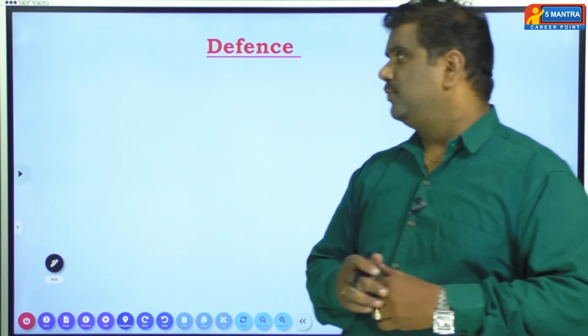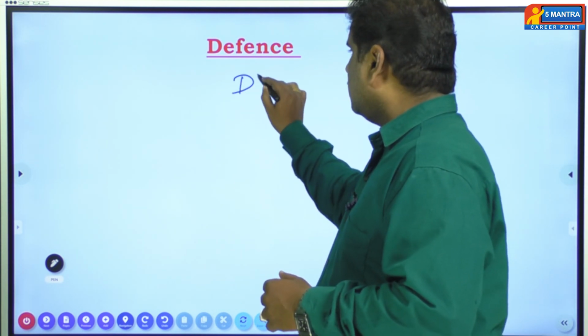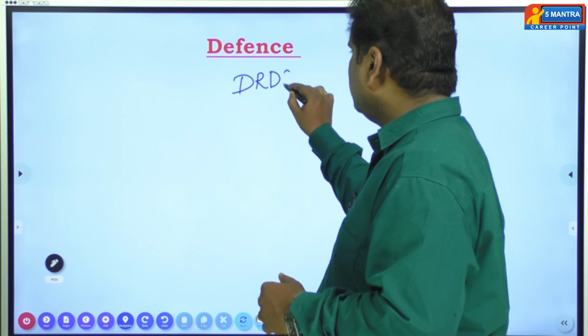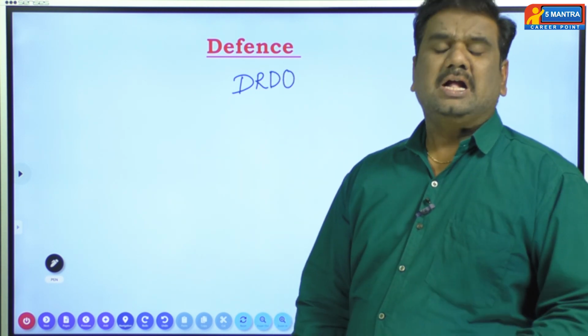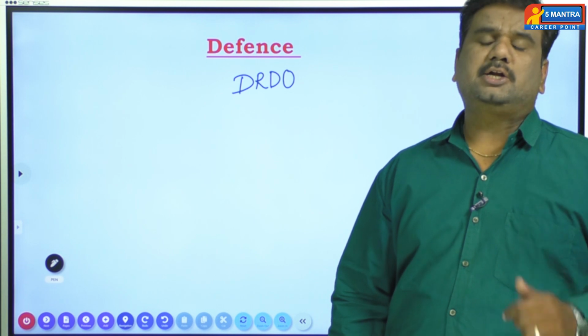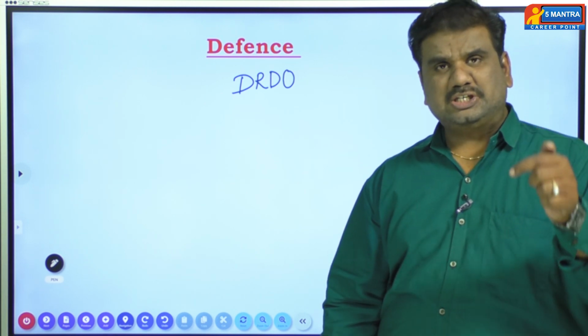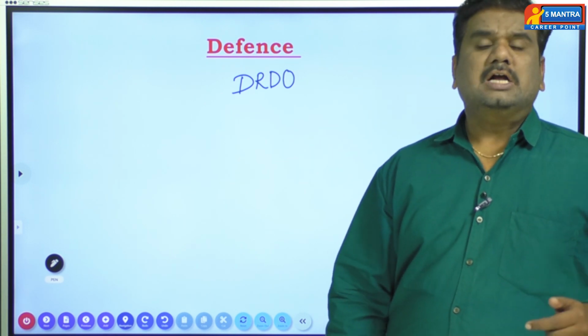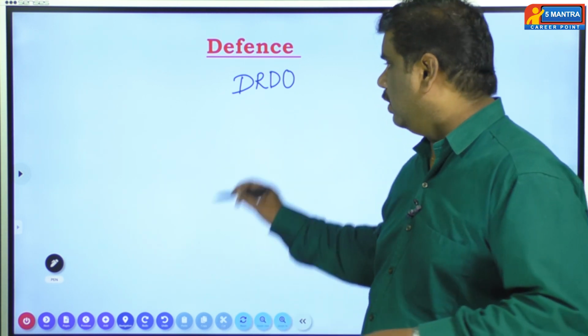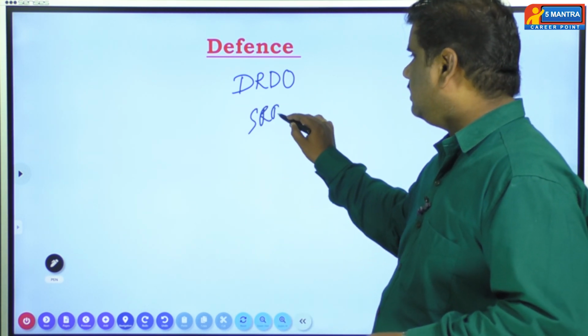In defense, we'll be discussing the different types of missiles that have been developed by DRDO, the Defence Research and Development Organisation.